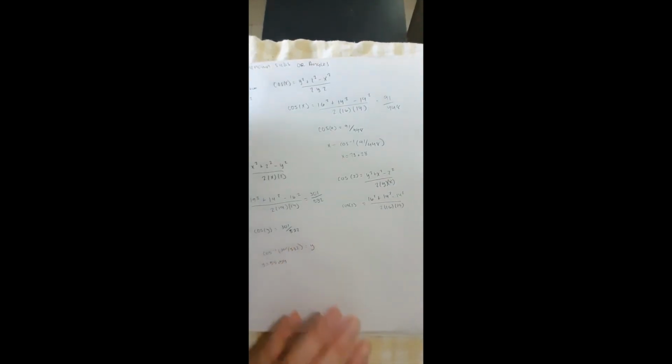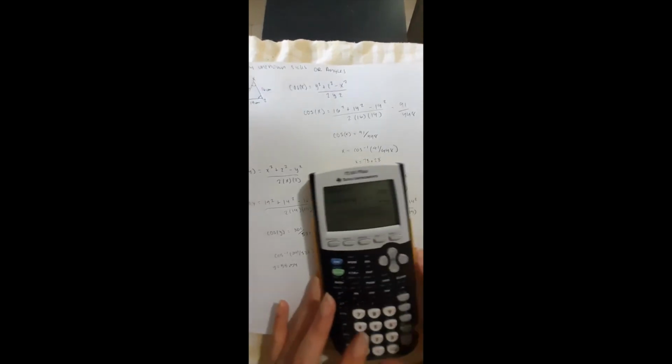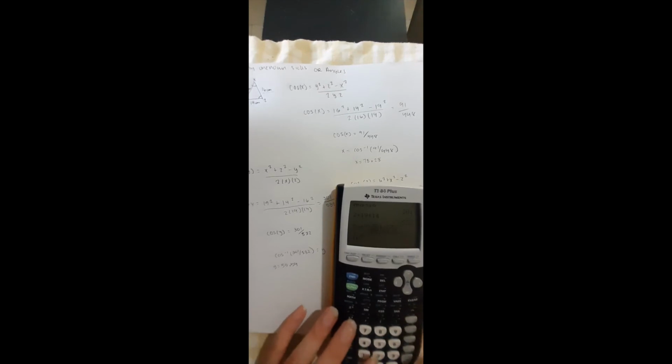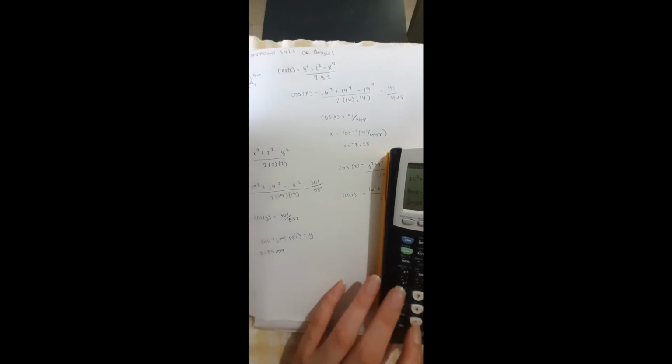We're going to plug this into the calculator. 16 squared plus 19 squared minus 14 squared is going to be 421 over 2 times 16 times 19, which is 608.